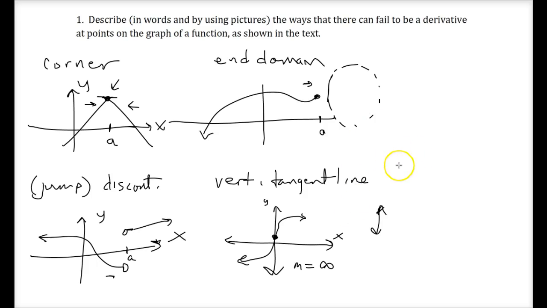Now remember that whenever we talk about the derivative of a function, it is the limit of the difference quotient. And regardless of what we're taking the limit of, in order for the limit to exist, it has to equal some real number L. If you notice, infinity or negative infinity, depending on how you want to look at it, if you're coming this way, does not equal a real number.